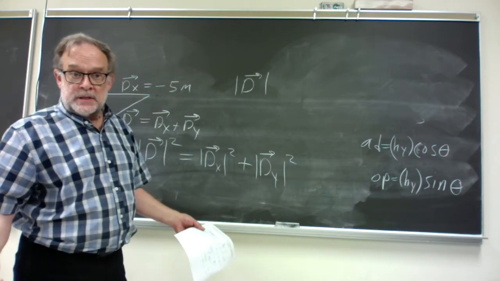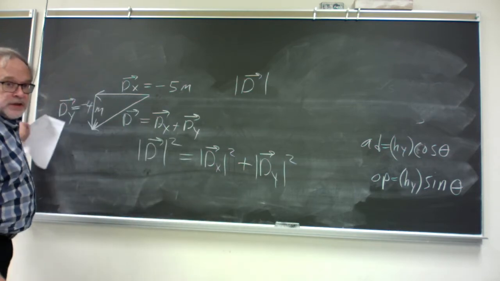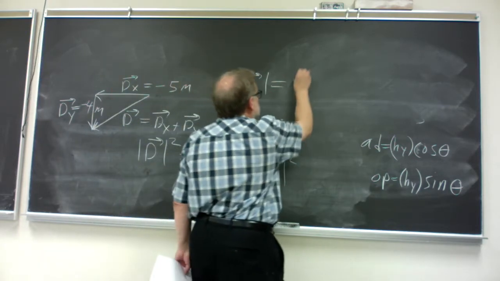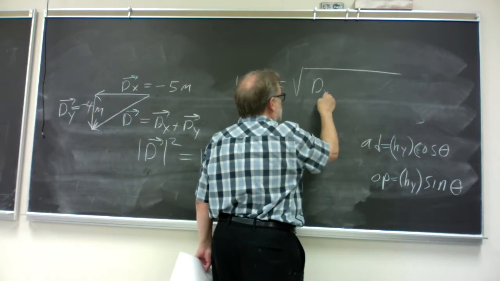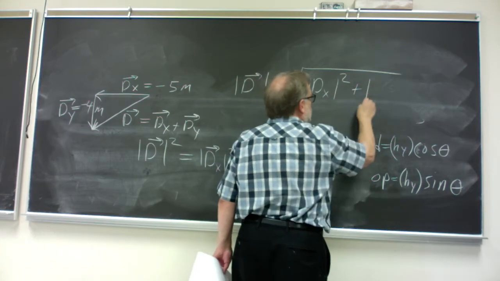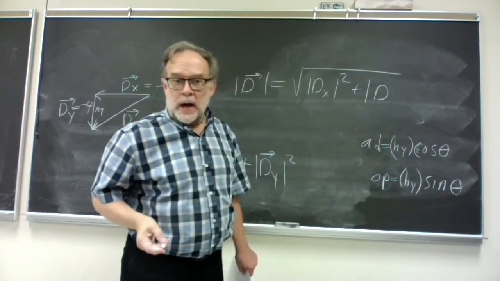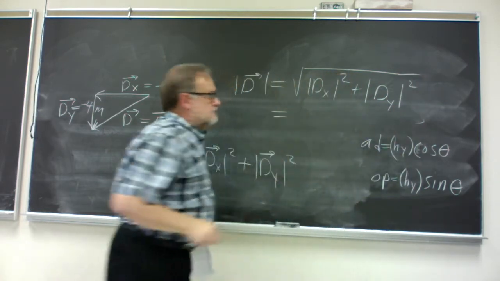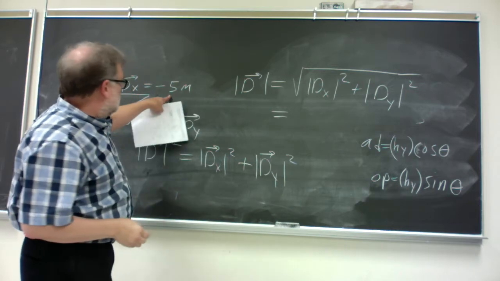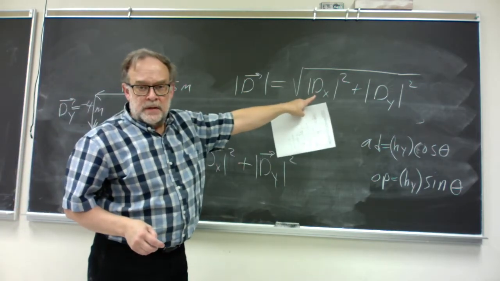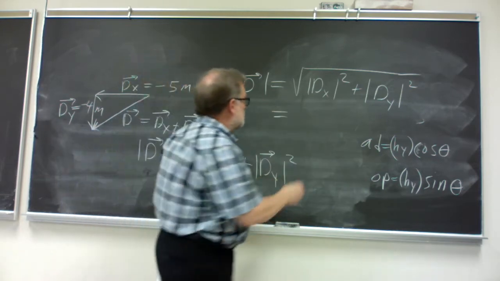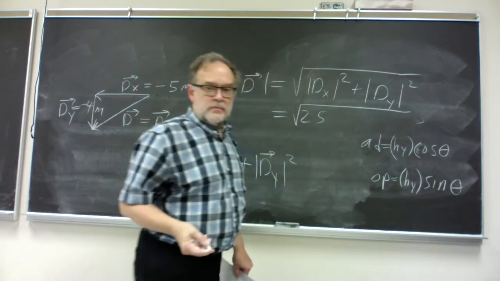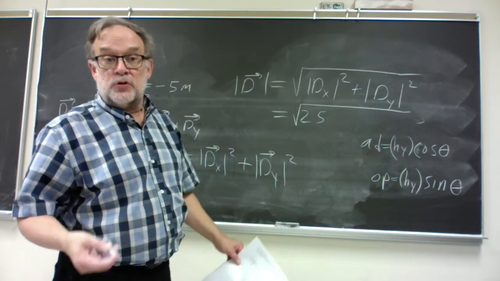It's a displacement, so that means the distance from the starting point to the ending point, and that's equal to the square root of the right-hand side: the square root of the square of the x component's magnitude plus the square of the y component's magnitude. And in this case, dx was minus 5, so dx squared will be 25. Dx is 5 meters, so dx squared is 25 meters squared.